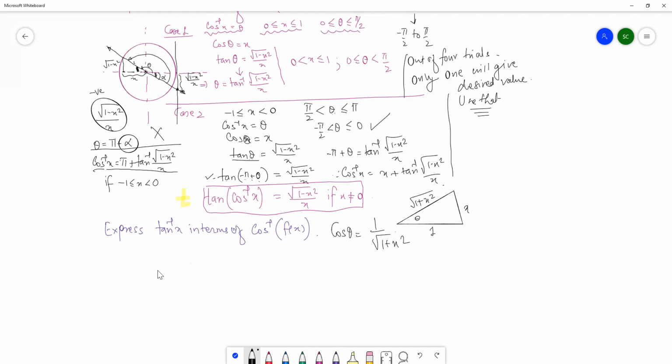I am not solving, I am writing answers. Tan inverse of x is equal to minus cos inverse of 1 upon radical 1 plus x square if x is less than 0, and is equal to cos inverse of 1 upon radical 1 plus x square if 0 is less than or equal to x. This is the answer. Okay, that is where we are stopping today.